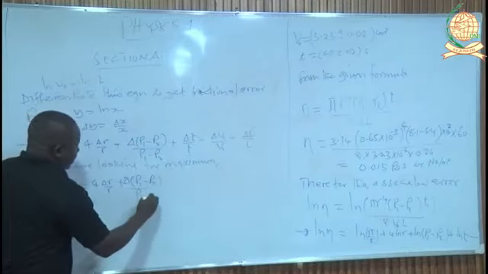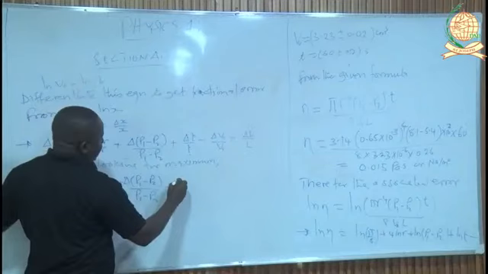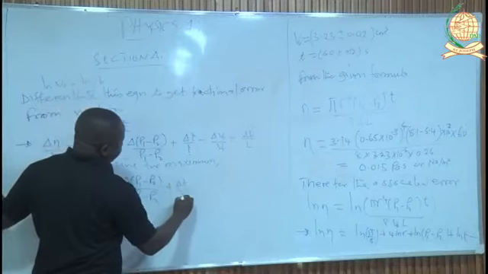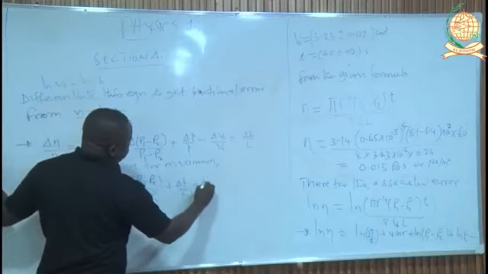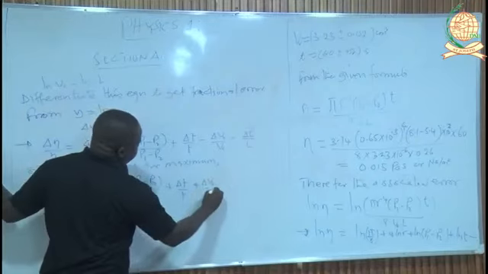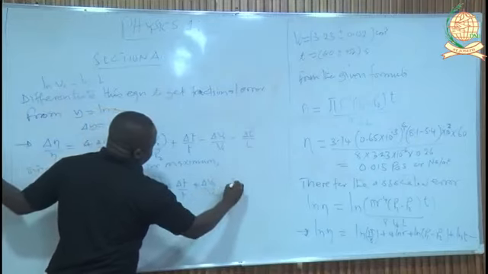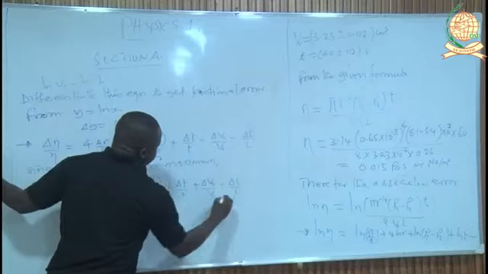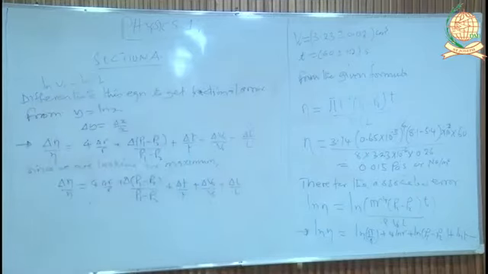Over P1 minus P2 plus delta of T over T plus delta of V0 over V0 plus delta in L over L. So now our expression is maximized. This is the maximum fraction error because we don't have any minus in it.